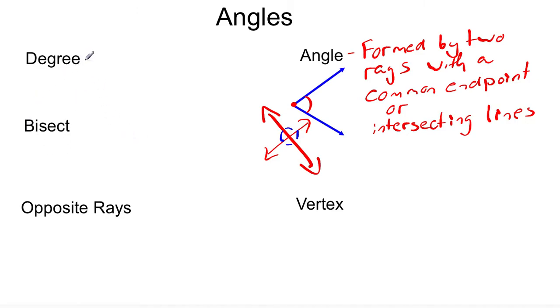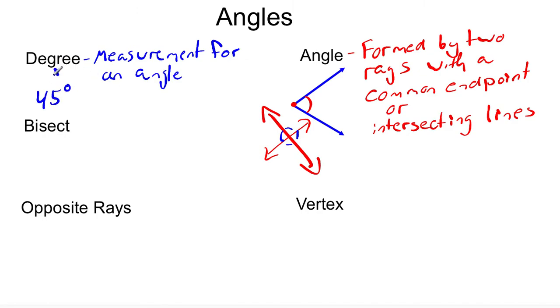Then we also have a degree. We're just going to know that this is the measurement for an angle. There's a more specific reasoning and definition, but for us, we're not going to be concerning ourselves too much about that. So for example, I could have 45 degrees. And so that degree is the symbol. You may even see that as a temperature, right? It's 80 degrees outside.